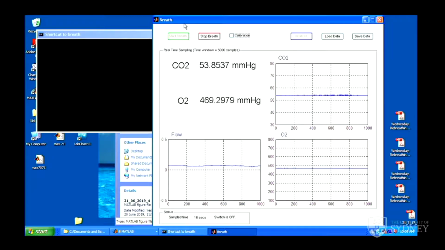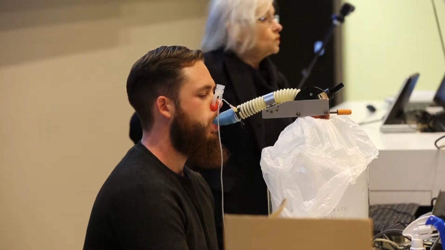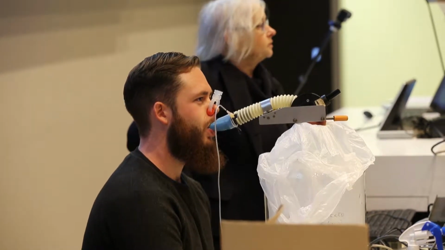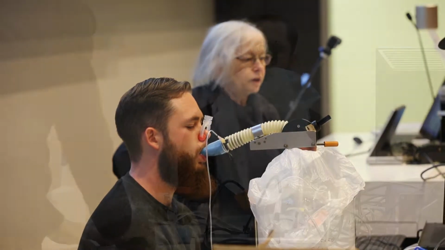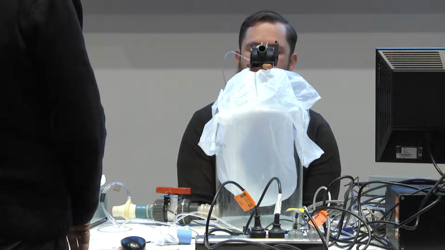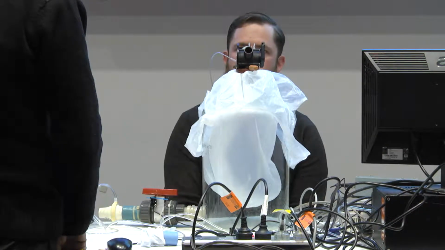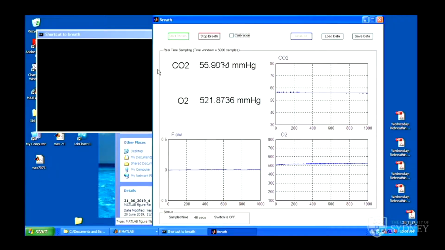The CO2 is already hovering around the 50 mark. You can see he's reasonably comfortable and just breathing normally. CO2 is climbing relatively slowly.